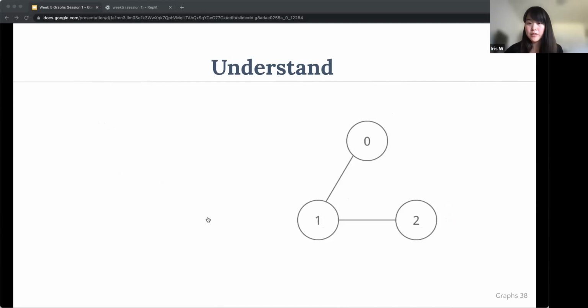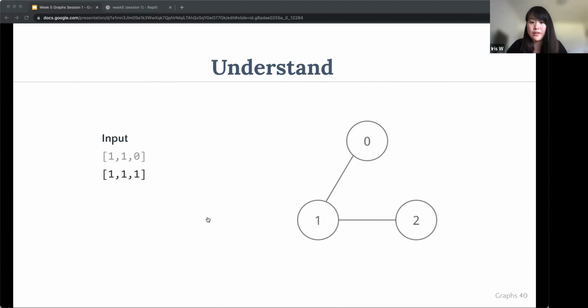So if we were to convert this corresponding input or diagram into the adjacency matrix representation, we want to go through it city at a time. So with city 0, it's connected to itself and it's connected to city 1. So the row corresponding to city 0 would look like this. And then we'll repeat this process with city 1 and city 2.